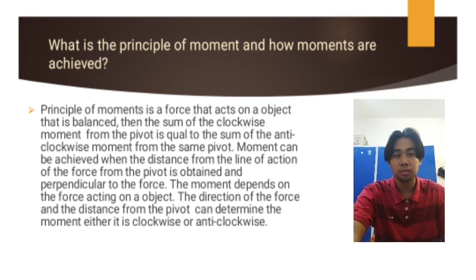Moment can be achieved when the distance from the line of action of the force to the pivot is obtained and perpendicular to the force. The moment depends on the force acting on the object. The direction of the force and the distance from the pivot determine the moment, either clockwise or anticlockwise.